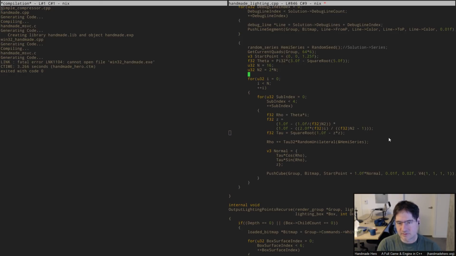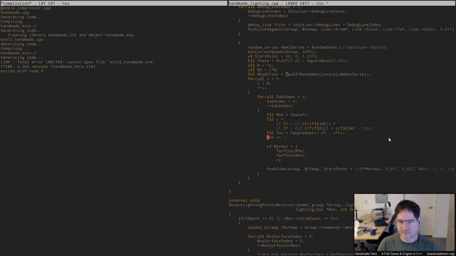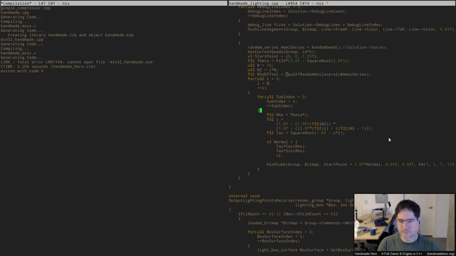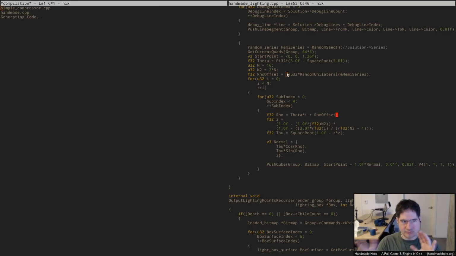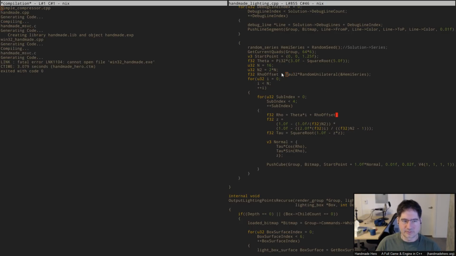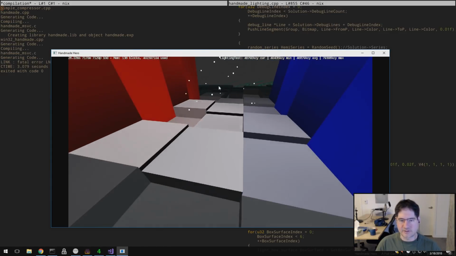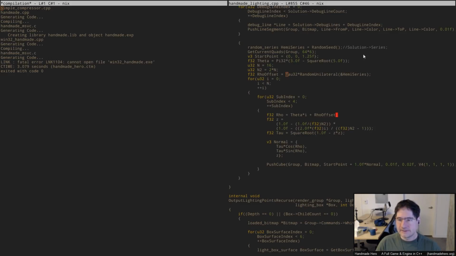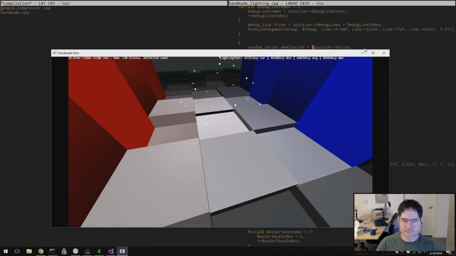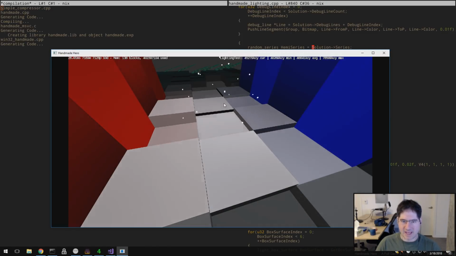What I wanted was this. I wanted to pick one random value and just jitter the sphere around, right? So it should look like that always, right? But then I wanted to jitter it around. So how's that coverage?